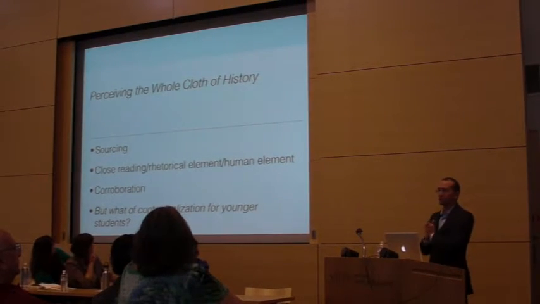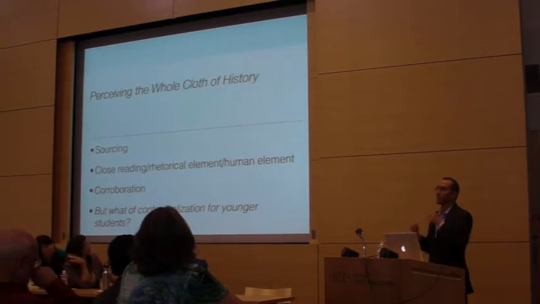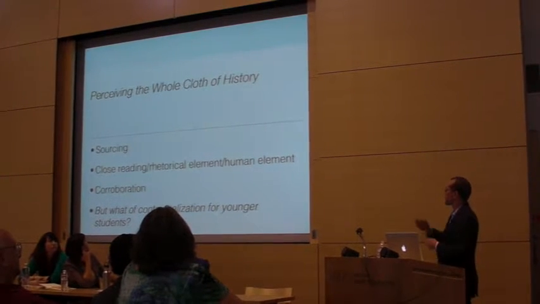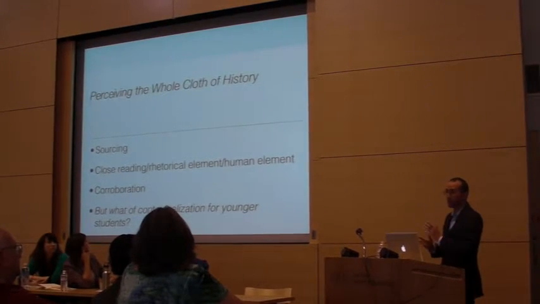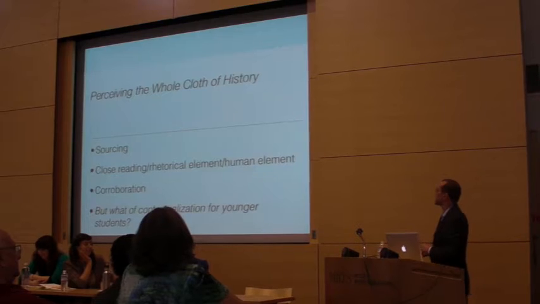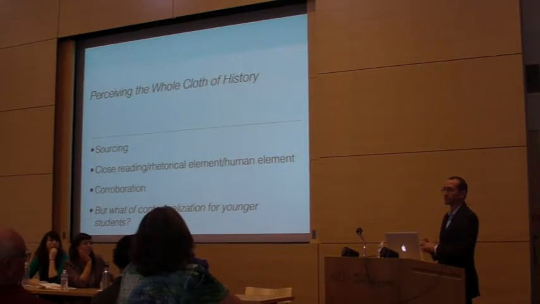So the bulk of the research, I would say the vast amount of research on historical thinking and on contextualization, has to do with a couple of these skills here, which I'm going to very briefly discuss. I'm taking these from the Stanford History Education Group, which is a really major force in the study of historical thinking.